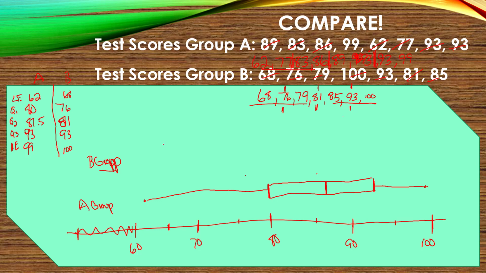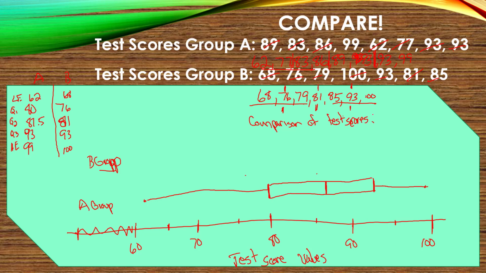If you don't label it, I will take off points. It'd be nice to have some sort of title or heading underneath. Test scores. Values. And this is a comparison of test scores.